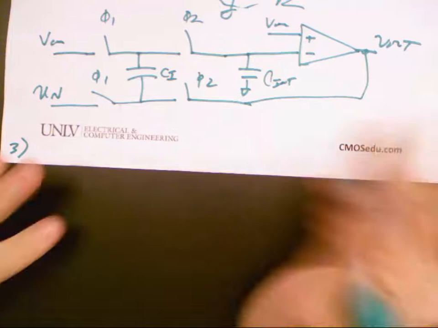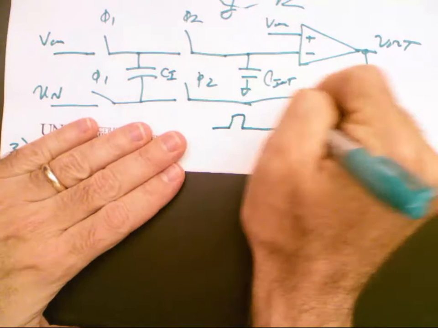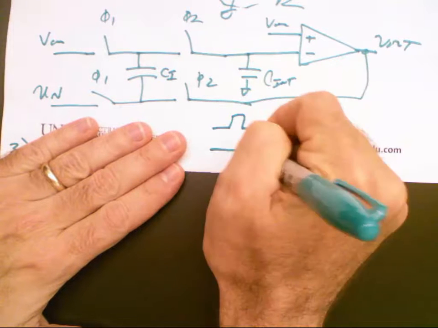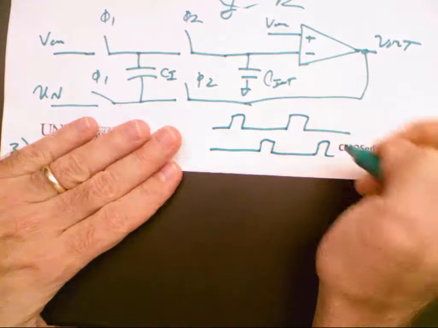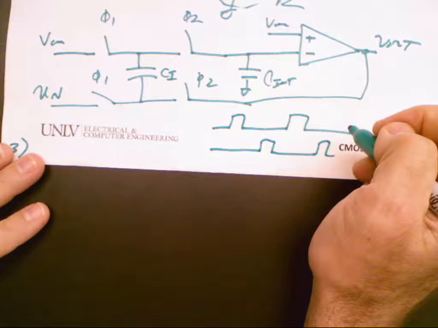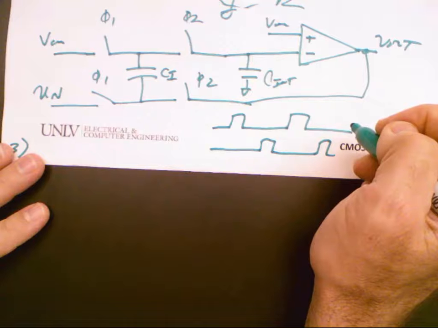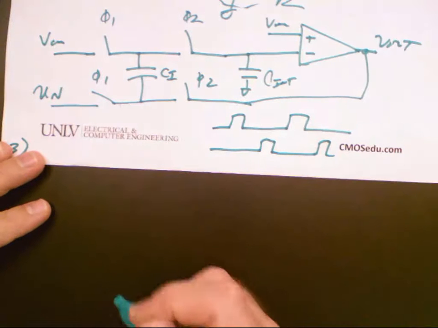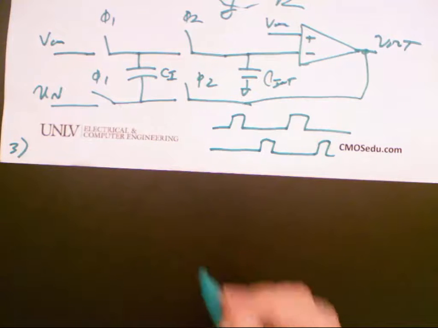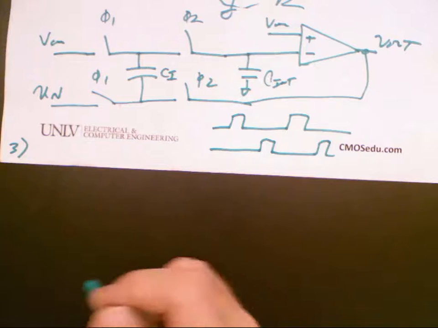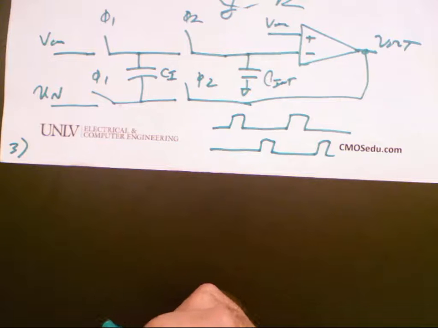Okay, well, do I need to draw the timing diagram like this? On the last one? Well, you can derive it either way, I think. I don't know which way I derived it in there.